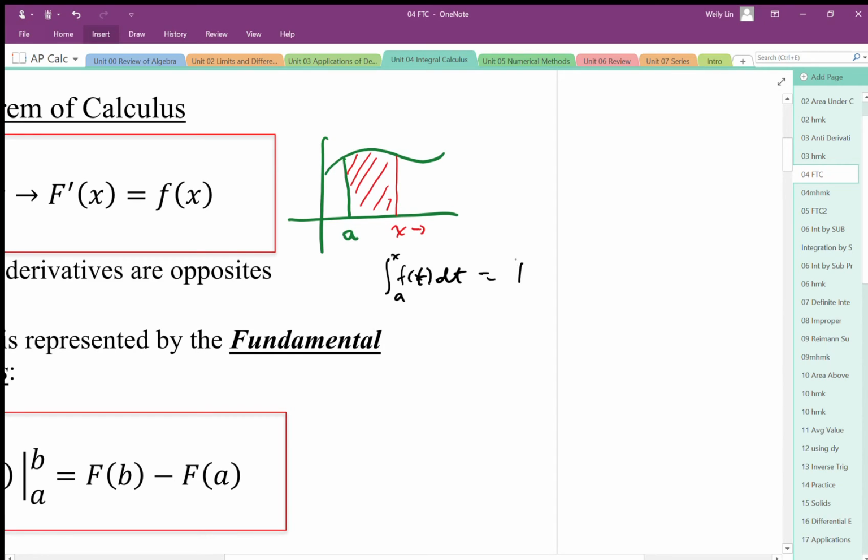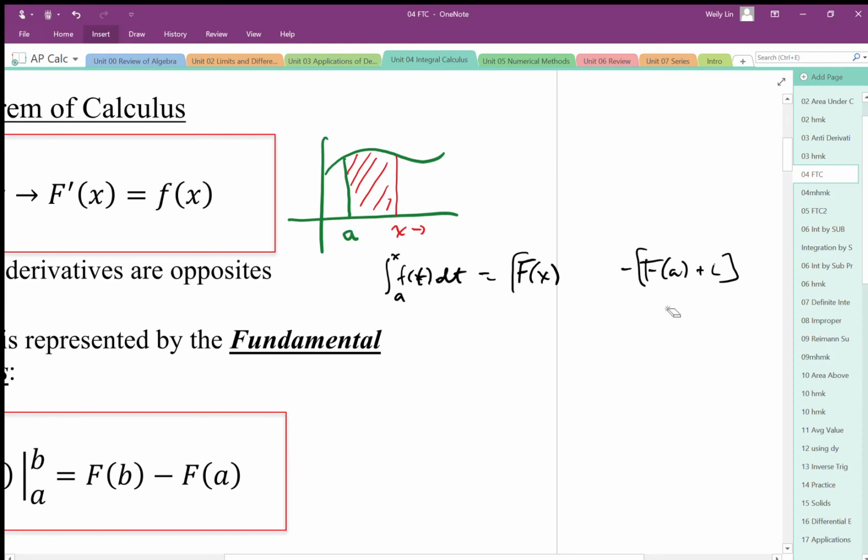So it's going to be big F of x minus big F of a. We could put our plus c in here if we want, but we don't really need it, so I'm going to take it out. That's the antiderivative, and it's calculating the area underneath that curve.